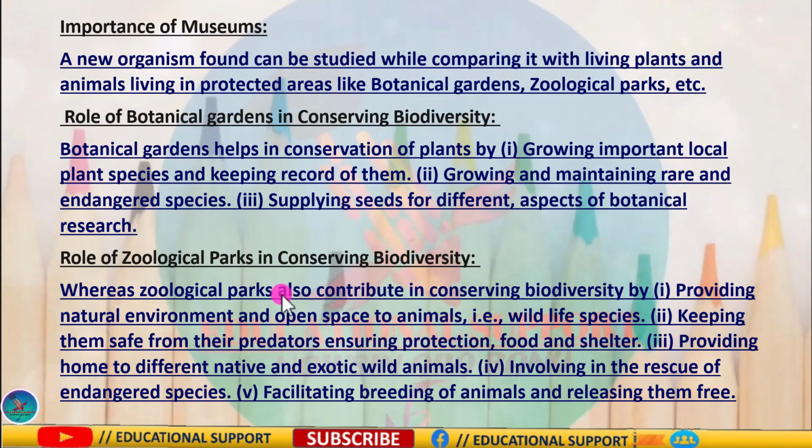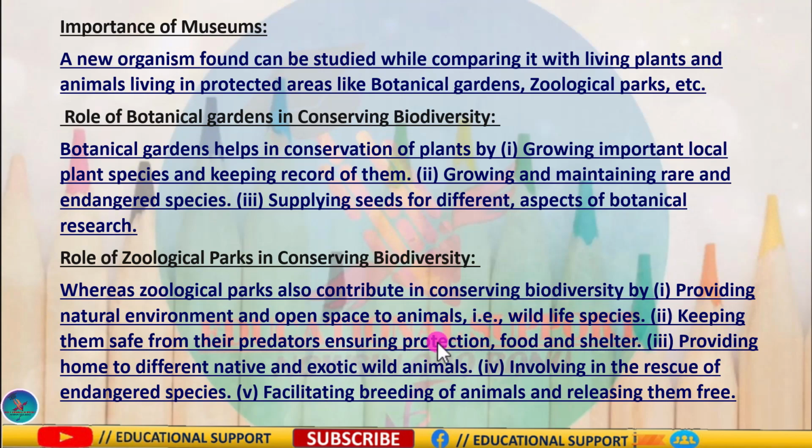So here is the role of botanical gardens and zoological parks in conserving biodiversity. Botanical gardens and zoological parks serve the very important purpose of conserving biodiversity. Actually, these are probably the most secure places for plants and animals to live in their natural habitat. Especially trained persons take care of plant and animal species.